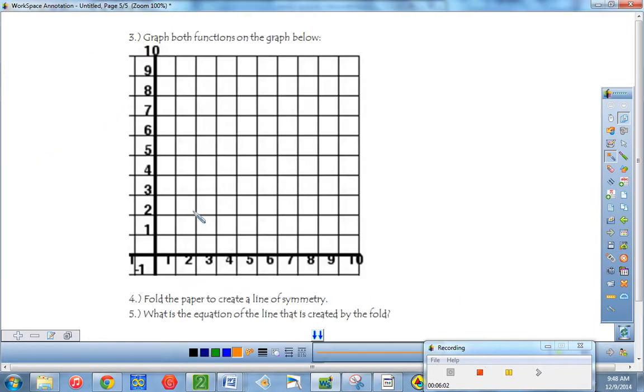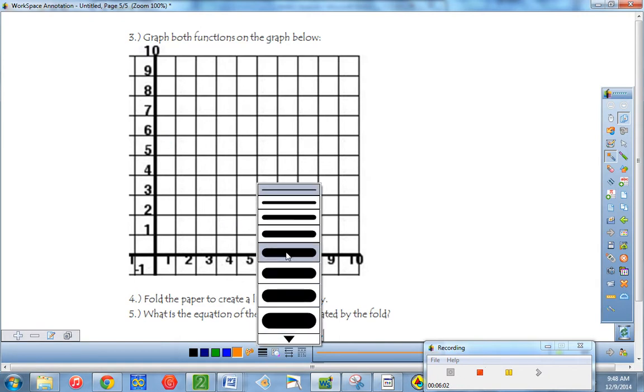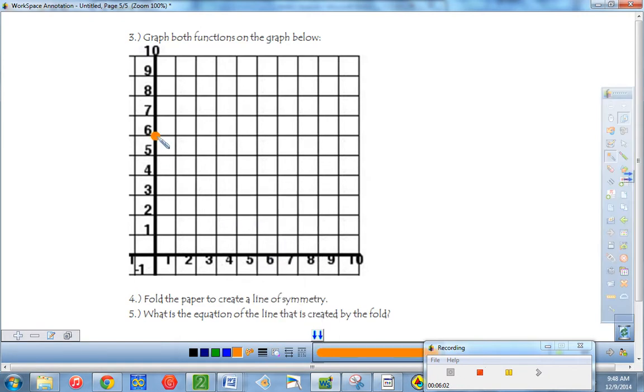Alright, so we're going to plot these lovely points. We have 0, 6.5. There we go. We've got 1, 4, 2, 2.5, 3 with 2, and then we mirror it.